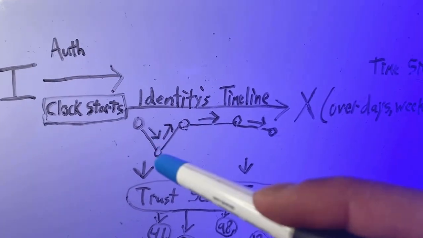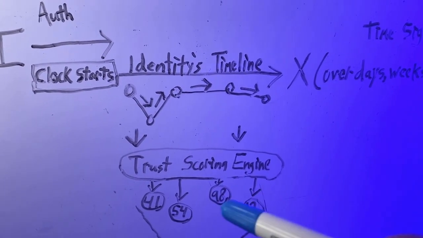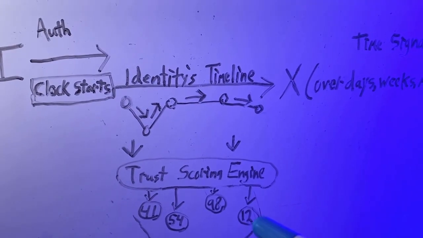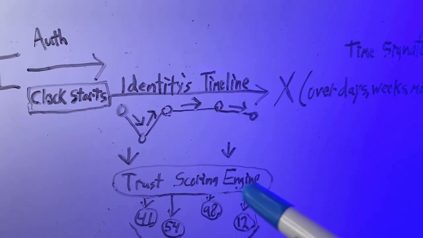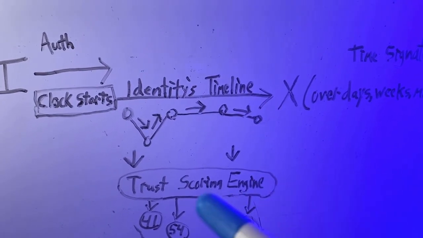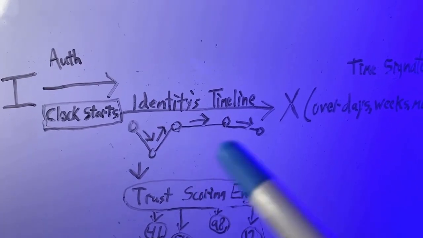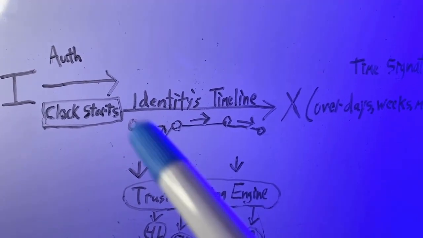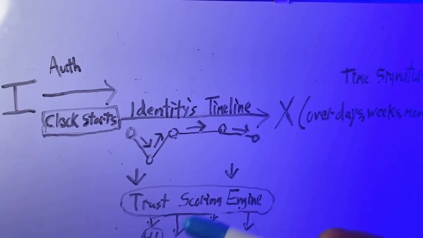And so you're able to actually quantify that through a trust scoring engine. And what this engine essentially is doing is applying a decay rate, which is just based on the passage of time, right? And so we're able to score trust through this.